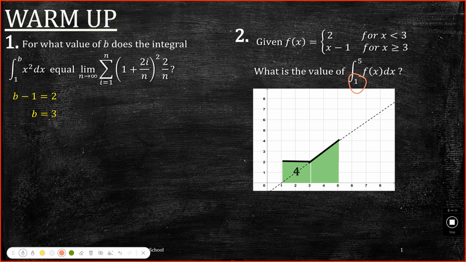So the lower limit and upper limit matter a lot. You can't just go anywhere you want. So we're talking about lower limit, upper limit here, 1 and b. From lower limit to upper limit, the area under the curve in between the function and the x-axis.